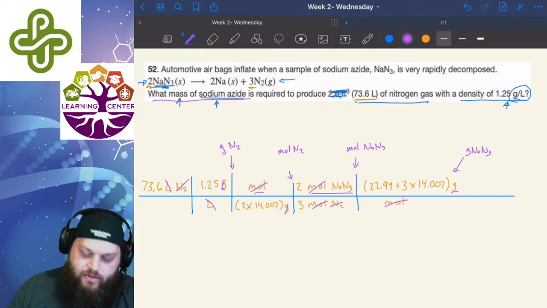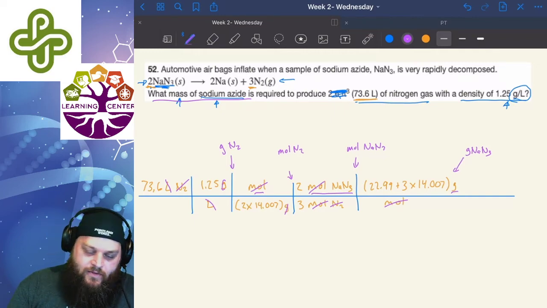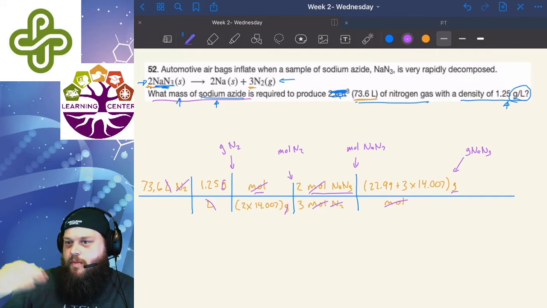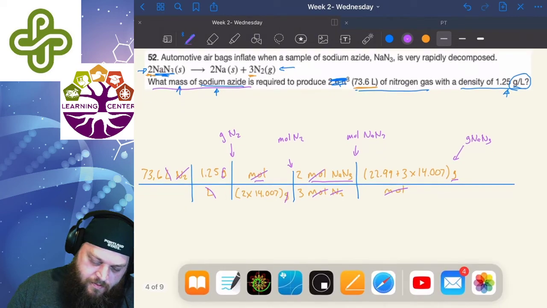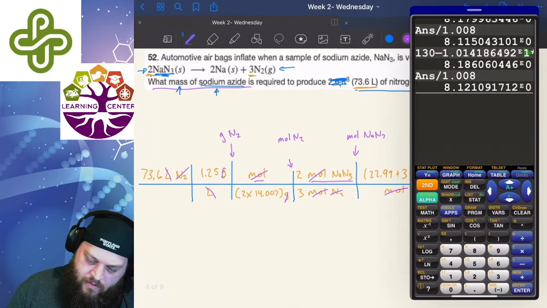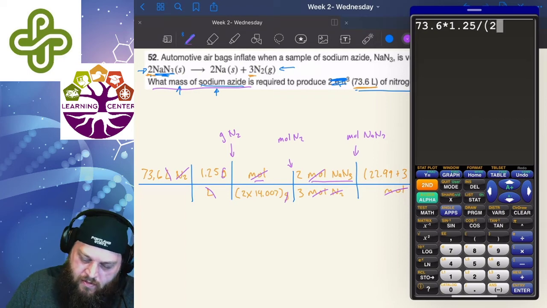So now we can just do the math. And when we do the math, basically, if it's on the top of this line, we're multiplying. If it's on the bottom of that line, we're dividing. That's how I work it through. So pulling up my calculator, trusty calculator, 73.6 times 1.25 divided by, throw a parentheses in there, 2 times 14.007.